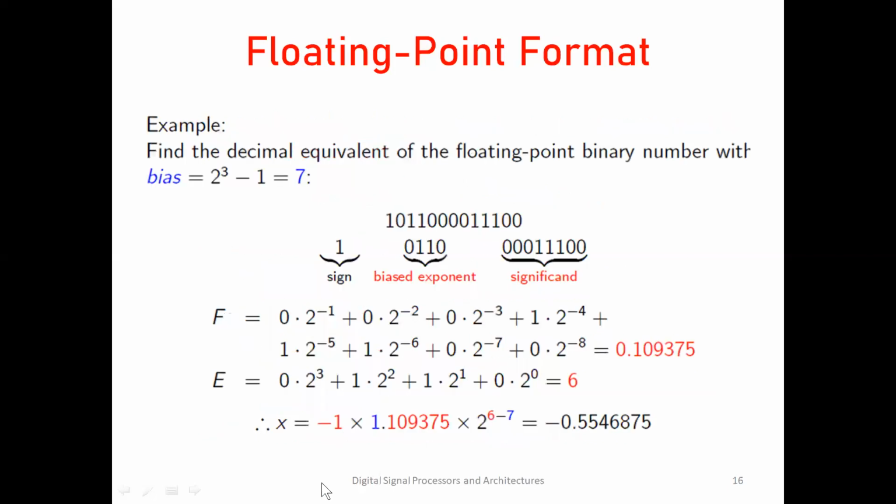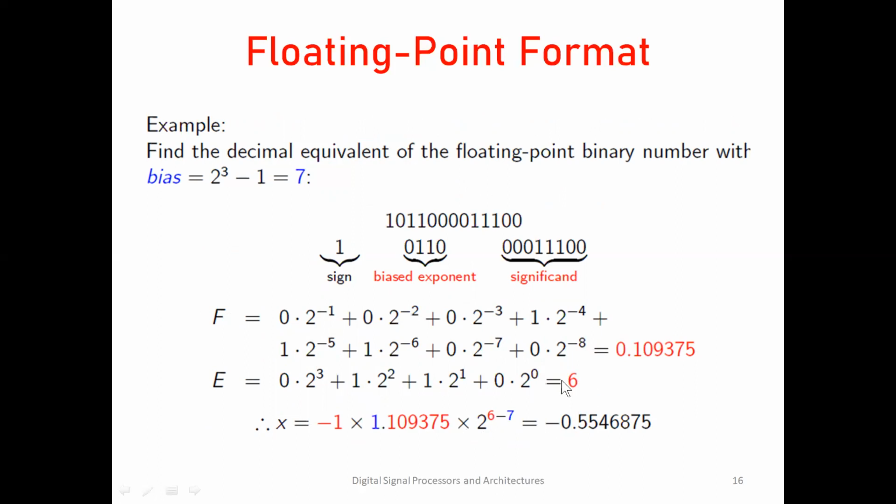Using this format, we have minus 1 to the power of 1 into the significand portion we are getting, and we do 1 plus f. So 1 plus this will give us 1.109375 into 2 power e minus bias.